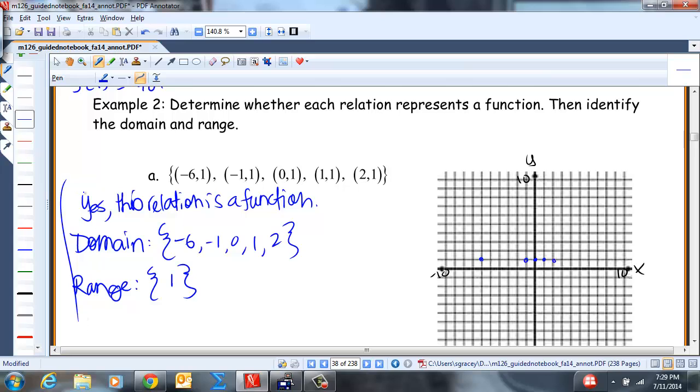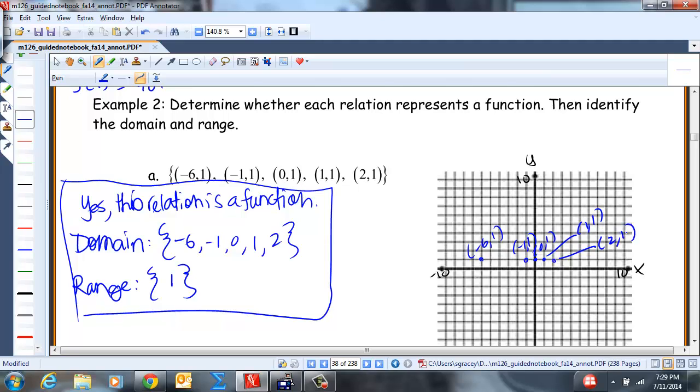So this is the complete result for this problem. And if you need these labeled, this is at 1, 1, and this is at 2, 1.